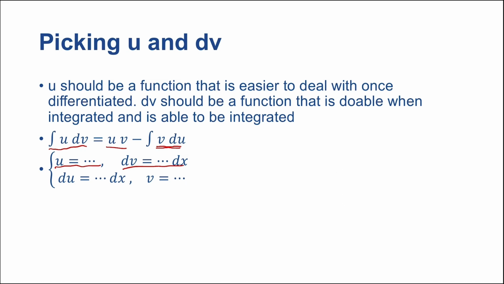So there's a rule, a convention out there in the Calculus 2 world that goes by the name LIATE. L, I, A, T, E. Okay, so what does this stand for? L stands for logarithmic functions, so log.